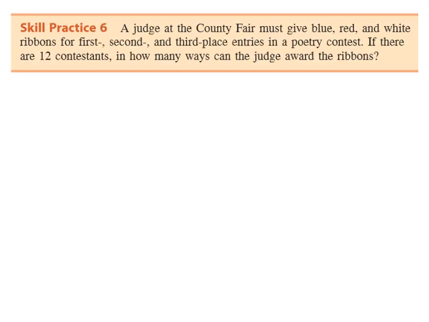Try this one. A judge at a county fair must give different ribbons for first place, second place, and third place. Sometimes it's helpful to draw this out. First place, second place, and third place. There are 12 contestants.